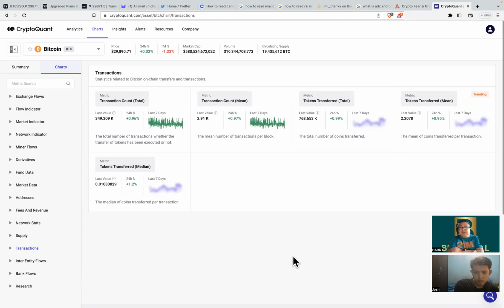You look at the network and it's very healthy, but the price doesn't sync with the healthiness of the network. It doesn't always follow. The network is very good and there are so many people transacting, but the price is 29,000. It should be more than that by now.